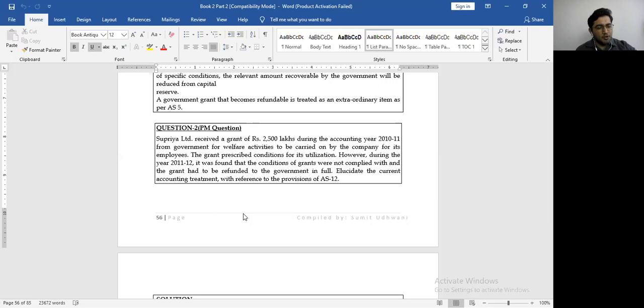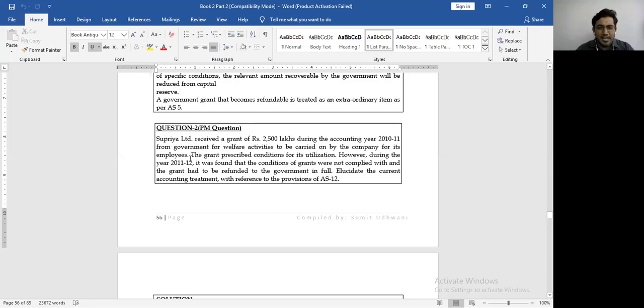Come to question number 2. Now you must have a notebook and a pen along with a calculator with you, because you need to solve these questions. Okay, please understand the question. It says Supriya Limited received a grant of rupees 2500 lakhs during the accounting year 10-11 from the government for welfare activities to be carried on by the company for its employees.